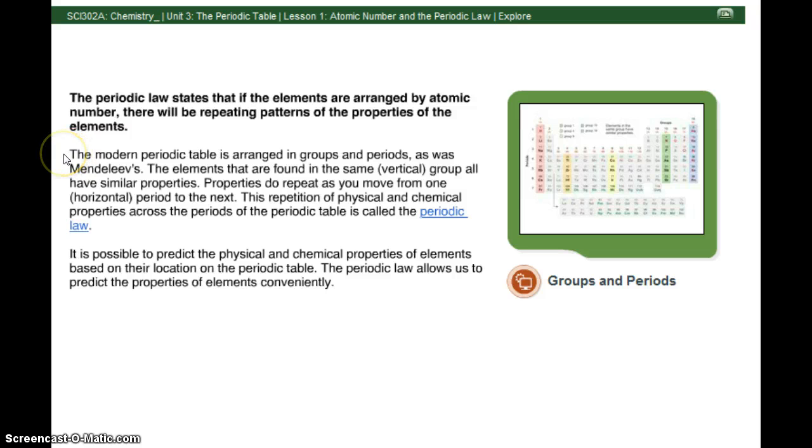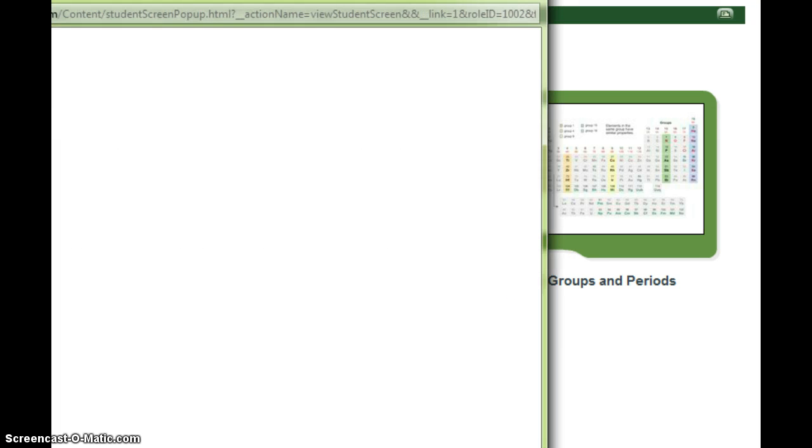The modern periodic table is arranged in groups and periods as well as Mendeleev's. The elements that are found in the same vertical group all have similar properties. Properties do repeat as you move from one horizontal period to the next. This repetition of physical and chemical properties across the periods of the periodic table is called periodic law. So let's look at number of valence electrons.